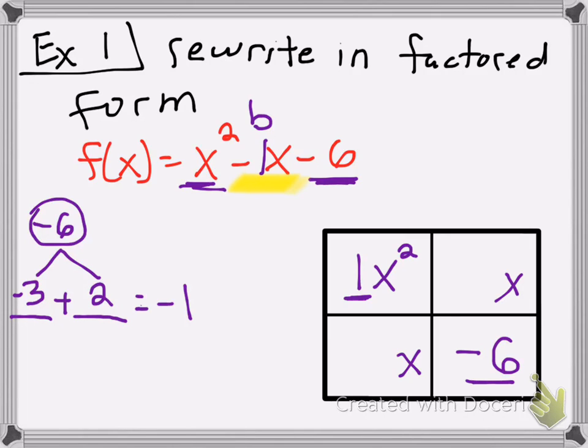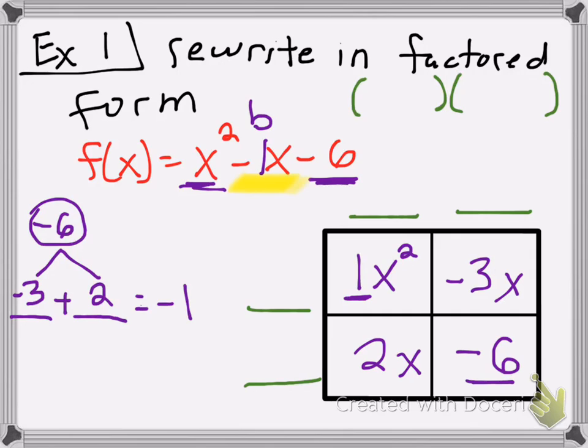Now, I can put negative 3 and 2 anywhere I want in the remaining squares of the Punnett square. So let's go ahead and look at factoring this out. This part's going to give me the answer. So I'm going to put my answer right here.